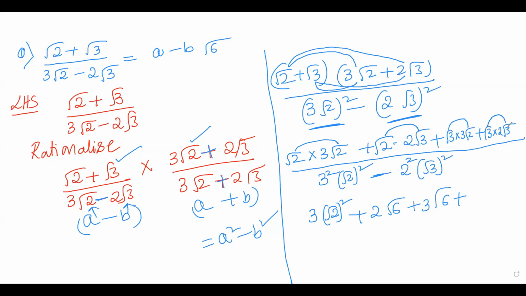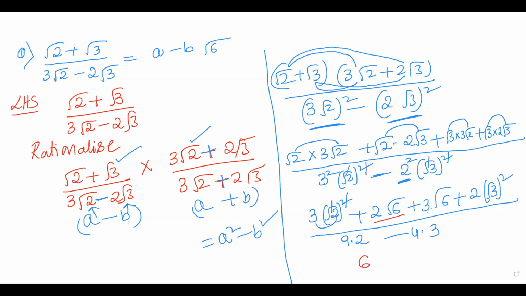Root 3 into root 3, 2 root 3 whole square. Here square and root will get cancelled. 9, 3 threes are 9, into 2 will remain. Square and root cancel. 2 twos are 4, into 3 will remain. Square and root cancel, 3 twos are 6.